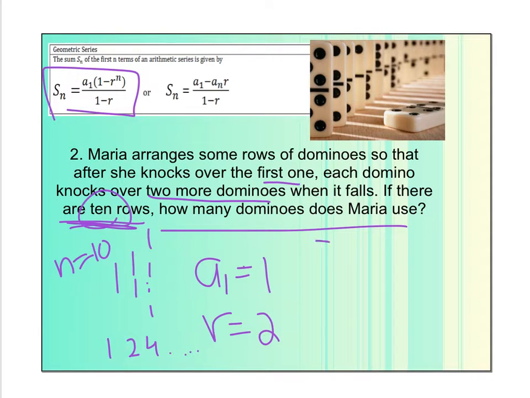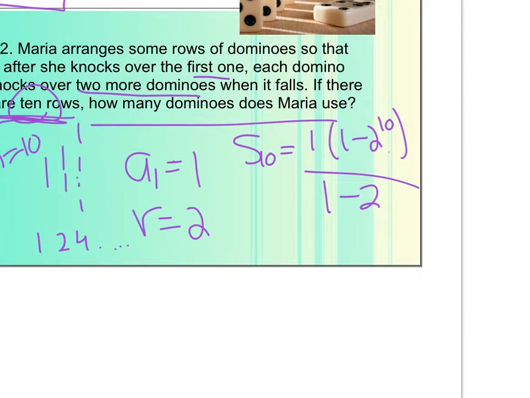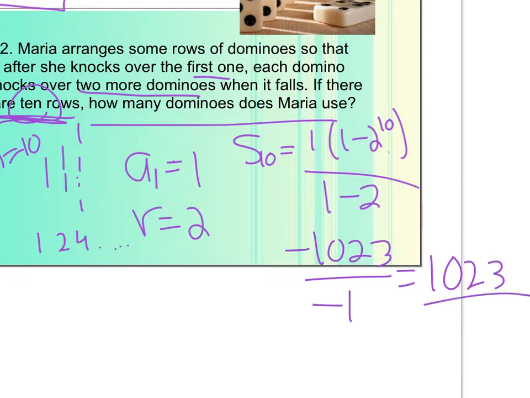So the sum of the first 10 is going to be 1 times 1 minus 2 to the 10th. Here you want to make sure you raise it to that power first, all over 1 minus 2. When I do that, 2 raised to the 10th, 1 minus that is negative 1023, all over negative 1. So it's going to take 1,023 dominoes to get all this set up.